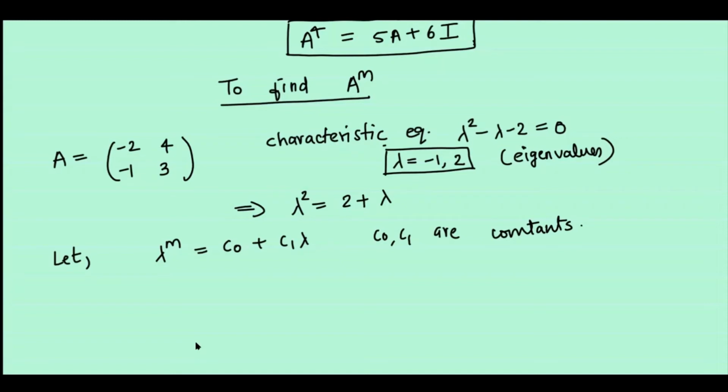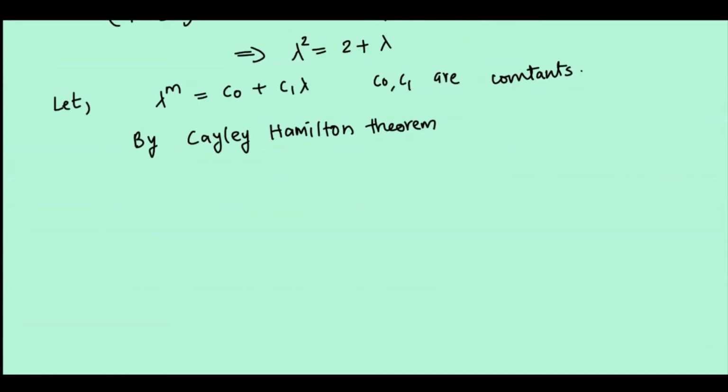Now by Cayley-Hamilton theorem, we get A raised to m equal to C0 I plus C1 A. Mark it as equation number 1.